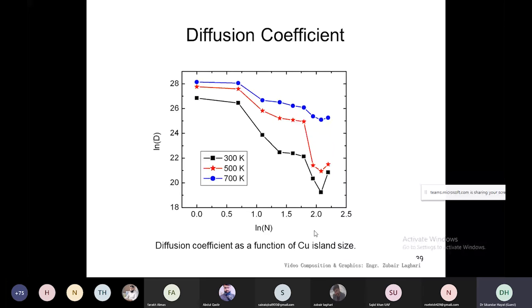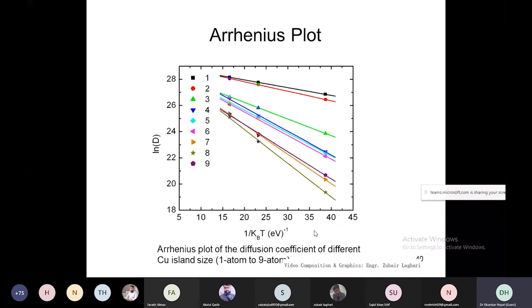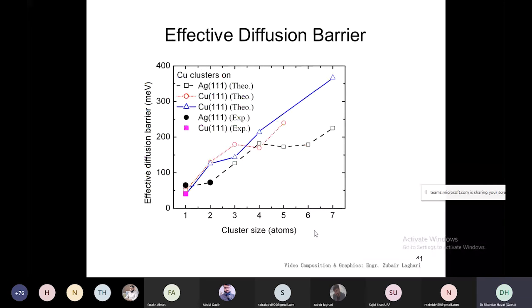This is the RNS plot, and this is providing the energy barriers and the attempting frequencies, how they are going to take the steps which are frequently involved in the surface diffusion. This is the effective energy barrier.